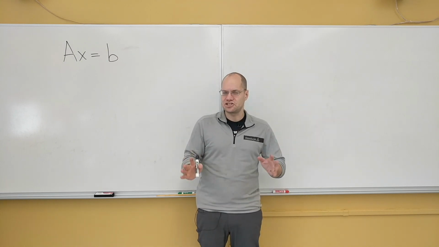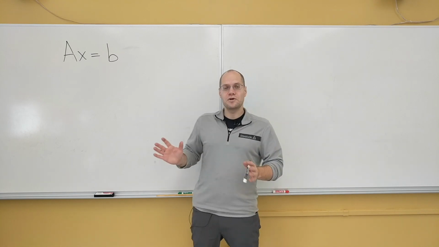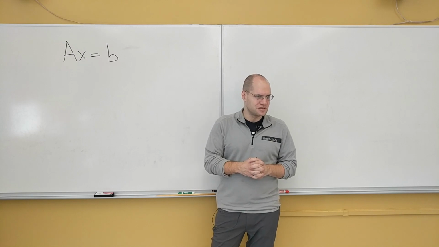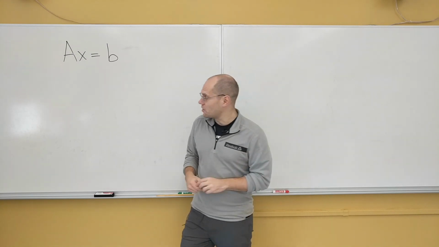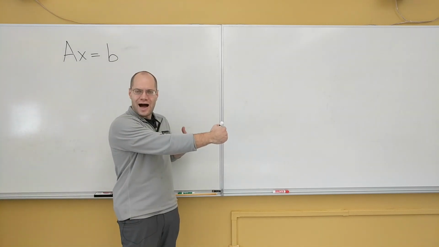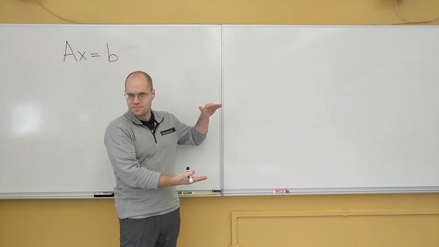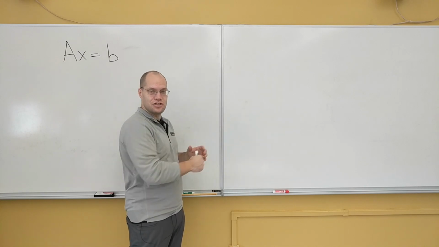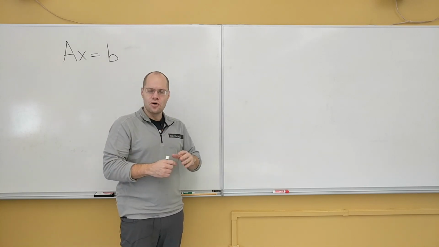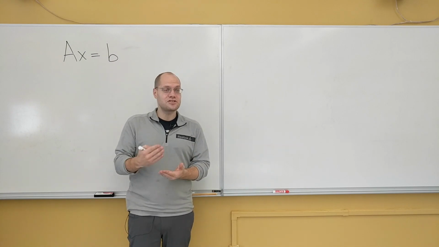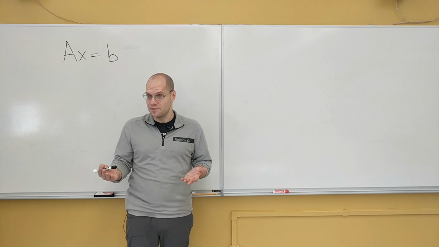So let's make the discussion a little bit more specific. What we're talking about here is a system of linear equations written in matrix form. So A is a matrix, and it is probably wider than it is tall. So we have few equations and a lot of unknowns. So the chances are it has a solution, because there are not too many conditions for the number of variables you have.